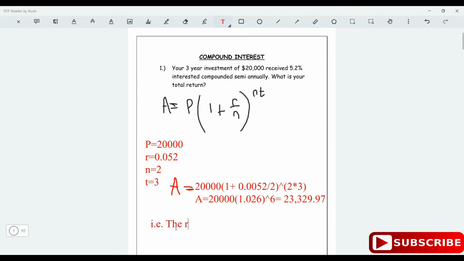The return after 3 years is $23,329.97. That's if you invested 20,000 and received this amount of interest compounded semi-annually. Semi-annually means n is 2. Quarterly means 4. Annually, n equals 1.